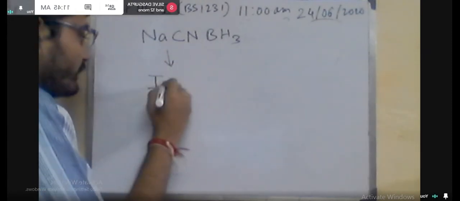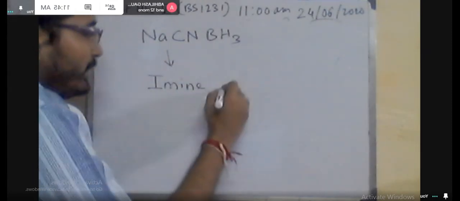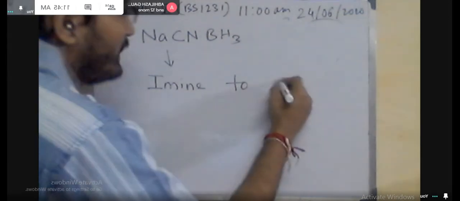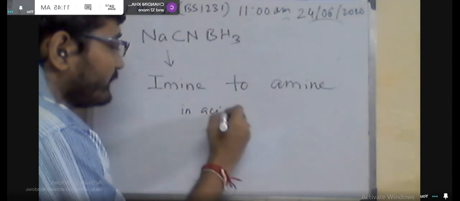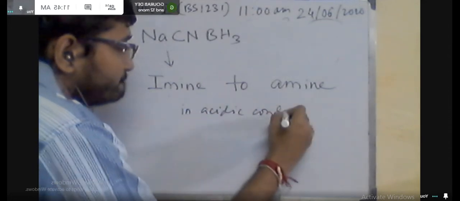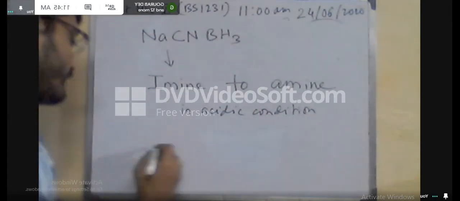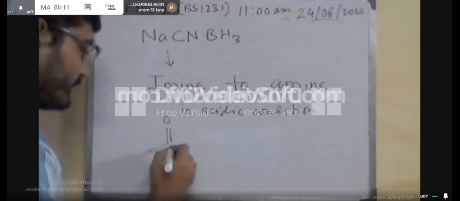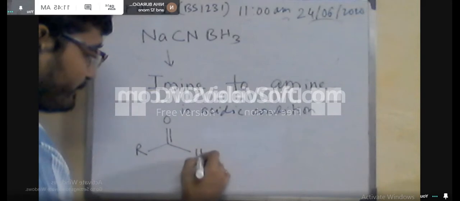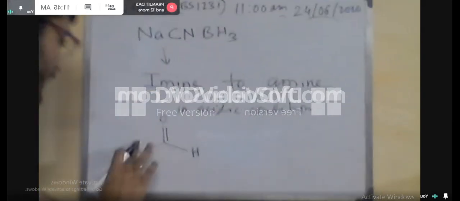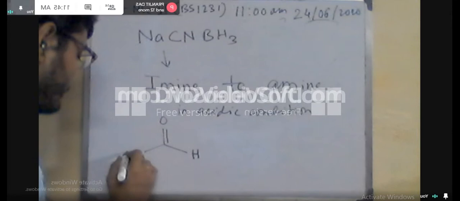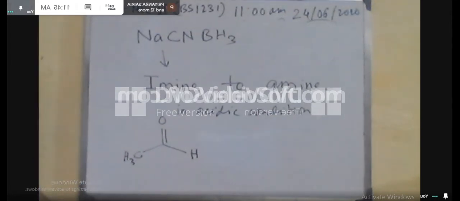In the case of the carbonyl, if you add NH2R under mild acidic condition, the H2O will be eliminated from here and you will get C double bond N R. So this is the imine bond. So we will apply the same theory here. So first, if we want to convert this to the corresponding amine, you have to use NH3 under mild acidic condition.